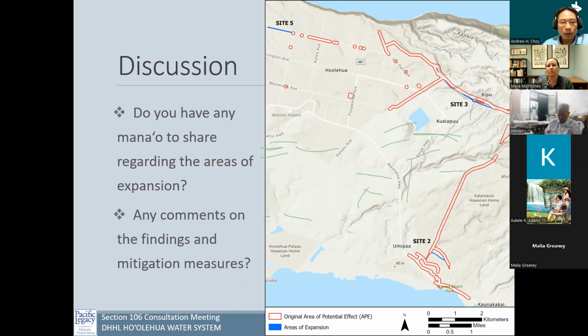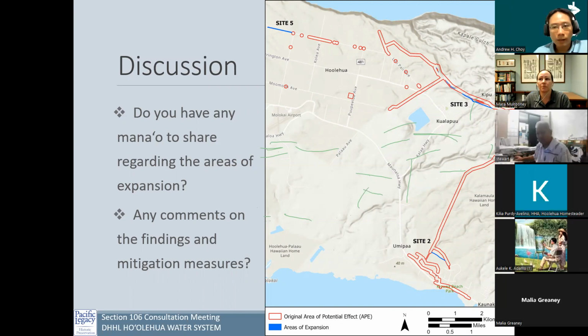Okay, another question from Olehua Homestead. Are there any plans for renewable energy options to run the pumps and save us money? I believe that was one of the points in the slide deck, Stuart. Right. So there are opportunities. Right now our focus is on completing the water line improvements and completing the base yard, and a lot of the funds that we had were redirected to additional improvements.